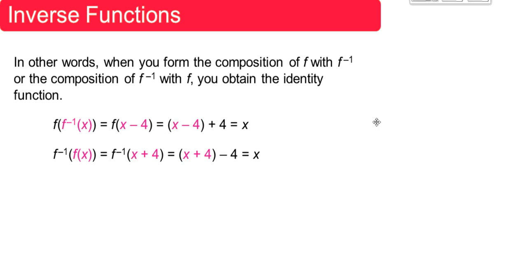So what that means is that if we take f inverse composed with f of x, we get x. And if we take f composed with f inverse of x, then we also get x.